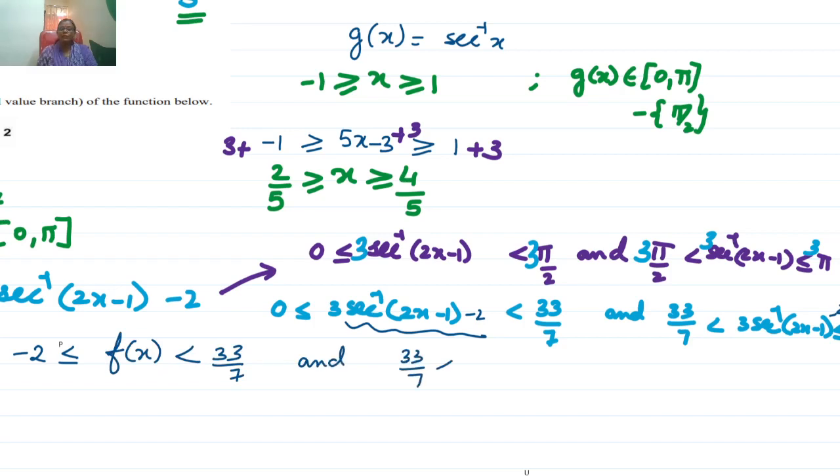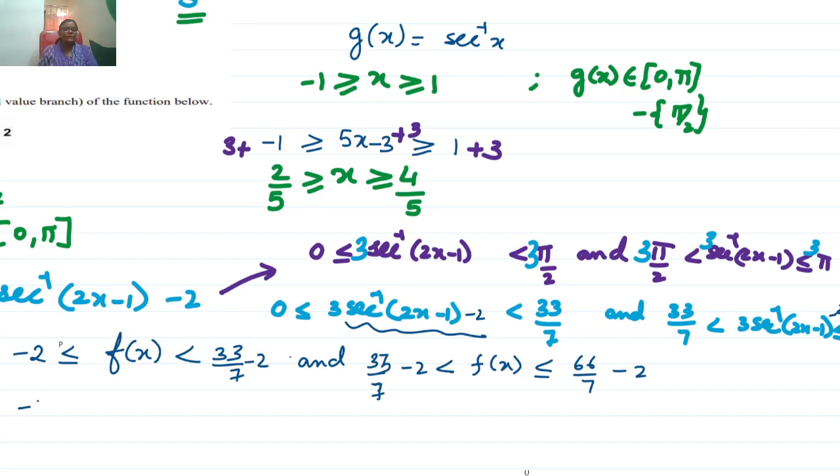This is taking a little longer. So you can decide while reading the question which question you have to attempt. We'll have to take minus 2 on all the expressions: 33 on 7 minus 2, and 66 on 7 minus 2.